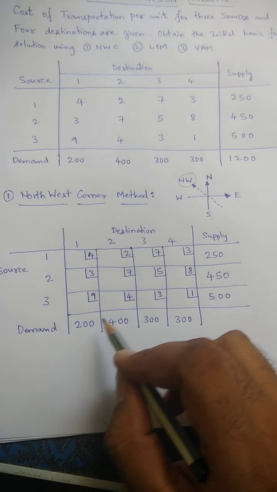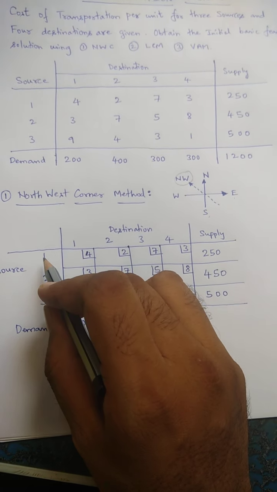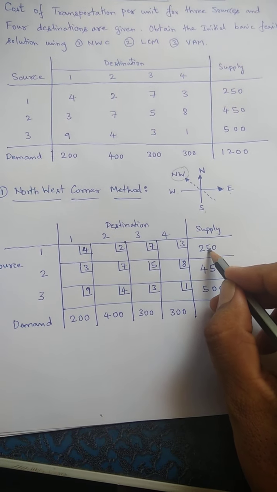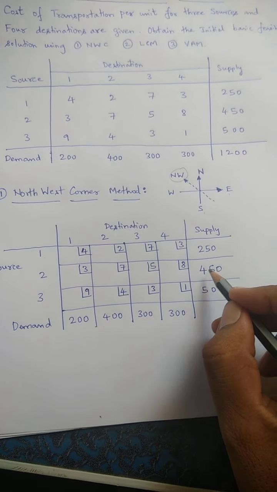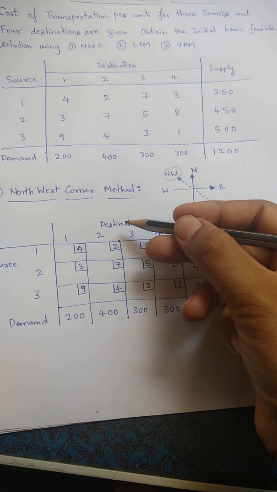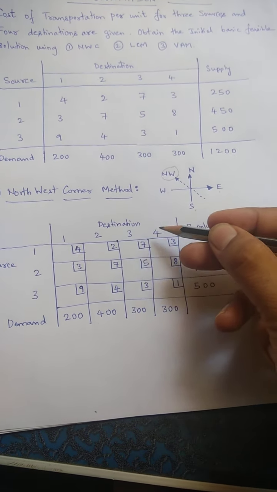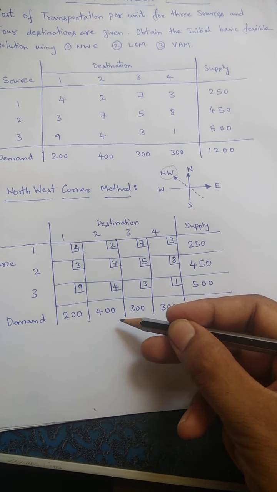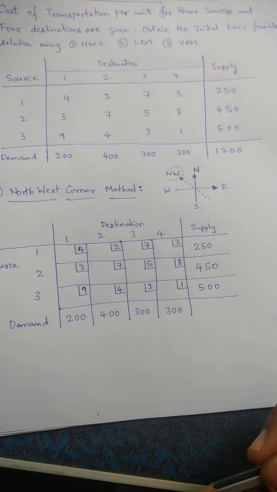And these are the actual quantities. Source 1 can supply about 250, source 2 about 450, source 3 about 500. Similarly, as I had told earlier, destinations 1, 2, 3, 4 require 200, 400, 300 and 300 respectively.